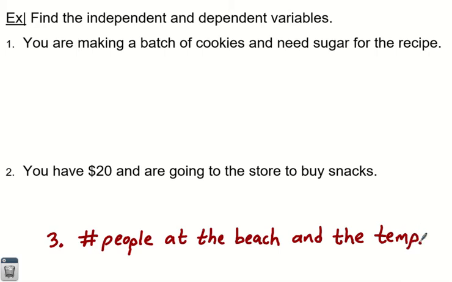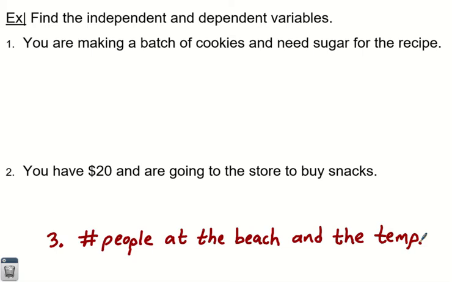I think in this example, clearly the dependent variable is the number of people at the beach, and the independent variable is the temperature, because one definitely depends more on the other.